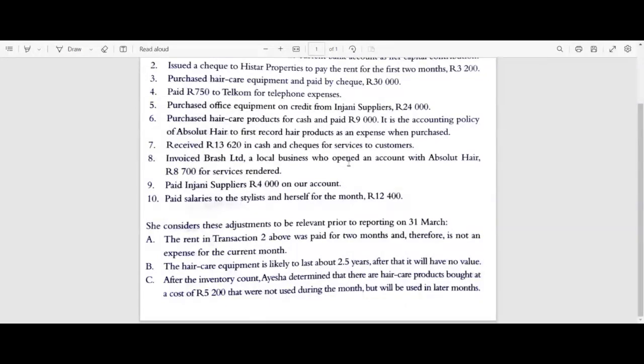But if we had debited the rent expense with the full 3,200, then we would have had to make that adjustment. Now we've already discussed the adjustment. You would then credit the rent expense with 1,600. If you had debited it initially with 3,200, then you would have credited it with 1,600 to decrease it to 1,600, and then you would have debited your prepaid expenses. Then the adjustment would have been necessary.